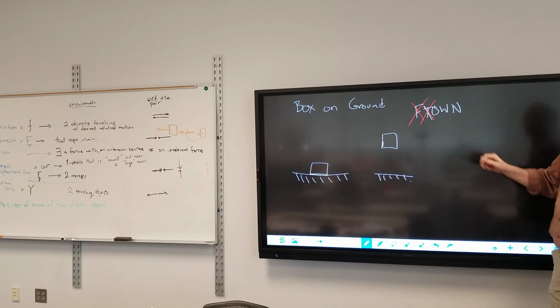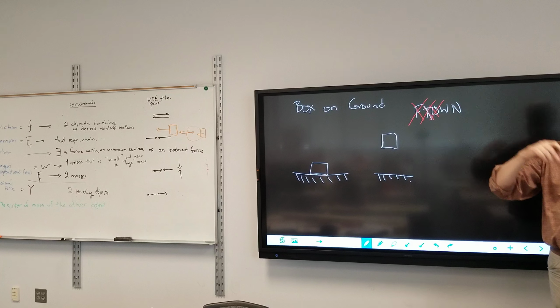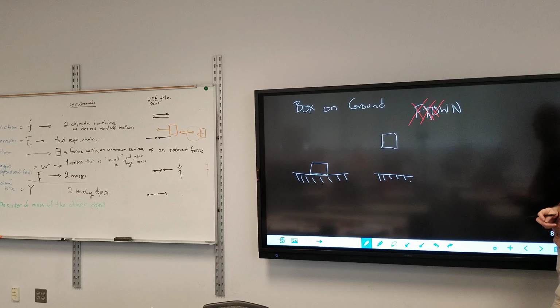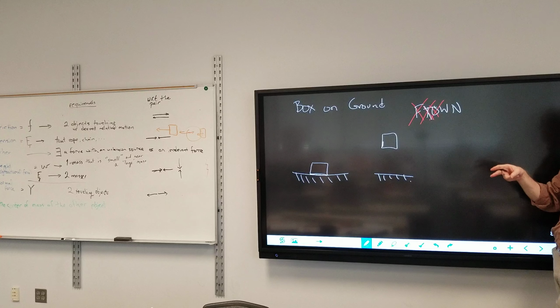Other. Yep, I mentioned nothing in the problem to make you think other would be involved. Wait, you're saying there's no weight? You saying weight is there or not there? Not there. Why would there not be weight? Do we have two masses in the problem? Yeah.